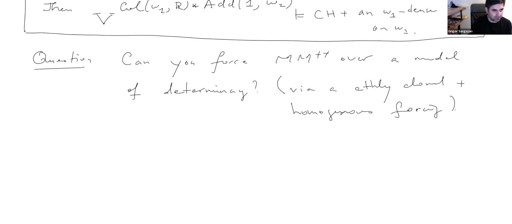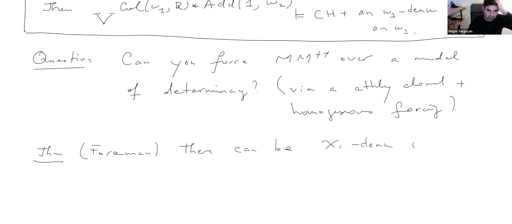And for CH1, Matt Foreman proved the theorem, right? And he forced there can be one dense ideal on omega-2.